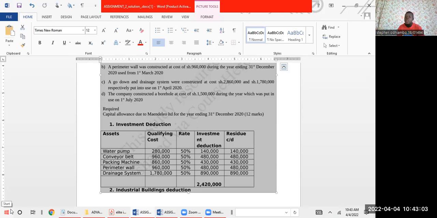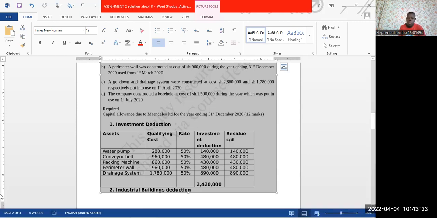April, May, June, July, August, September, October, November, December. It is summing up to 9 months. So you are going to take 9 over 12 times this amount, which is the go down amount, 2,860,000.